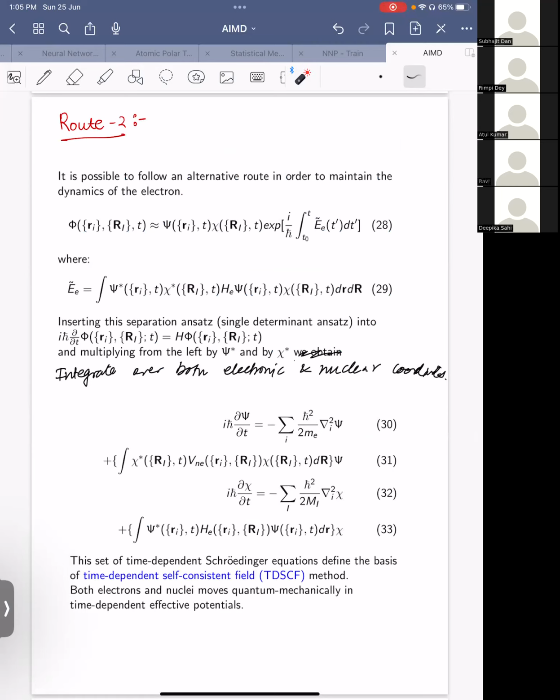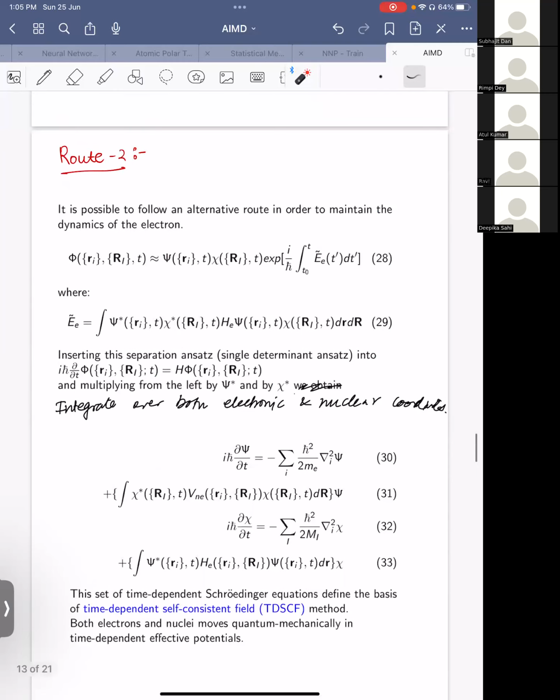So the second method is a bit different. In this method, we are maintaining the time evolution of the electrons, so we are not considering electrons as time independent. In this approach, this is our ansatz, and this is our electronic wave function, which is also dependent on time.